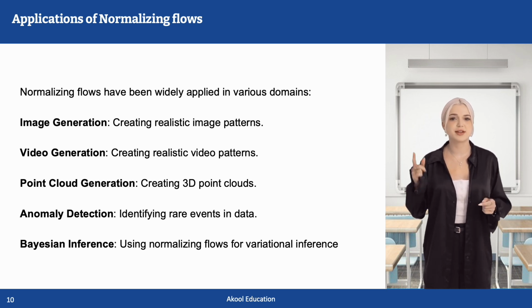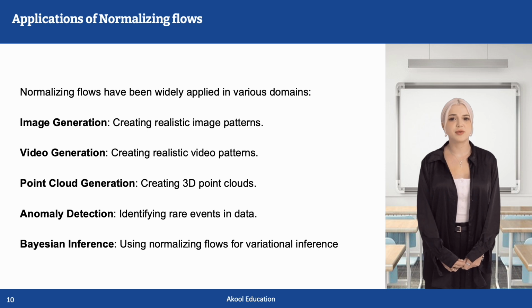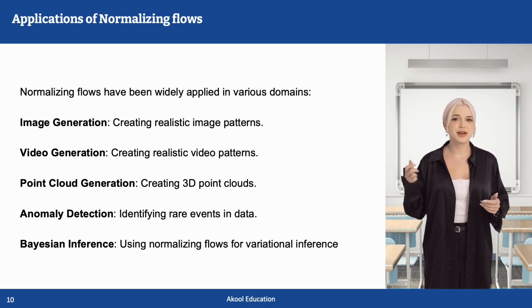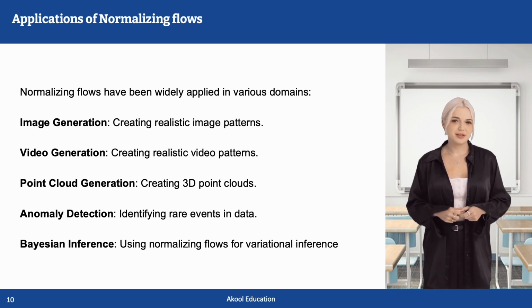Some key applications include: 1. Image generation. Flow-based models can synthesize realistic images by learning complex data distributions. 2. Video generation. They can also be extended to generate video sequences, modeling both spatial and temporal dependencies. 3. Point cloud generation.